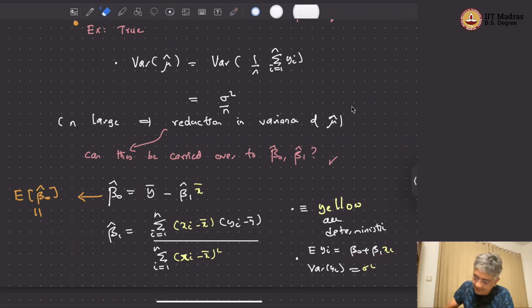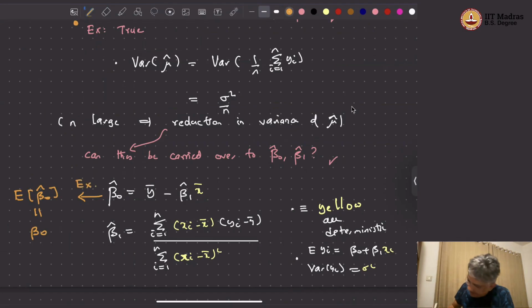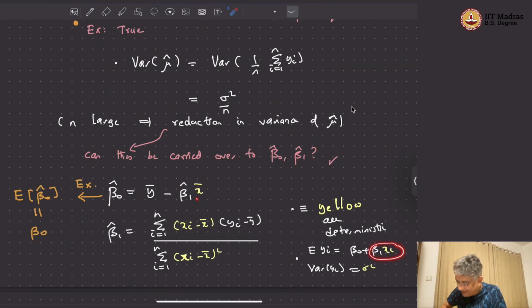You can just rewrite it and check that it is truly beta naught. It's a simple exercise, so I will not go and check it. Because I have a beta 1 x coming from this and an x bar right here, it cancels off and gives you exactly what you want. So beta naught hat is an unbiased estimator of beta naught.